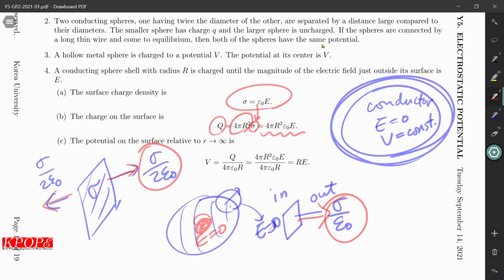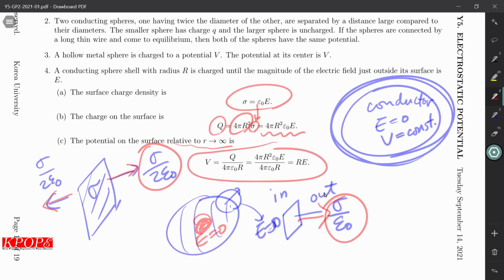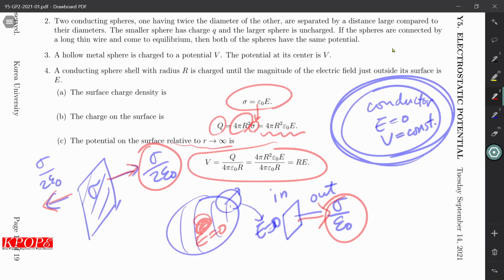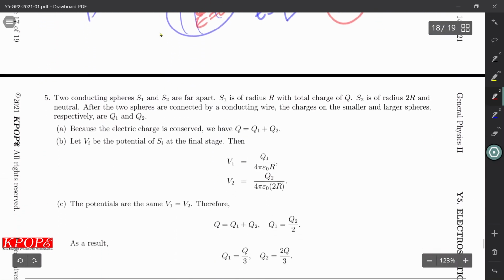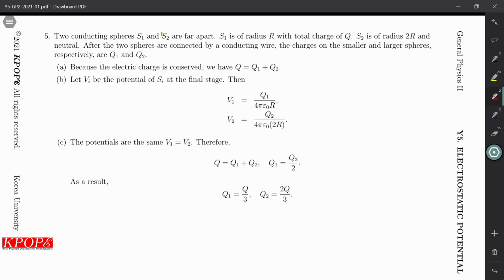The potential on the surface relative to r going to infinity is then obtained in such a manner. It is just like the charge brought to the radius r. Correct.